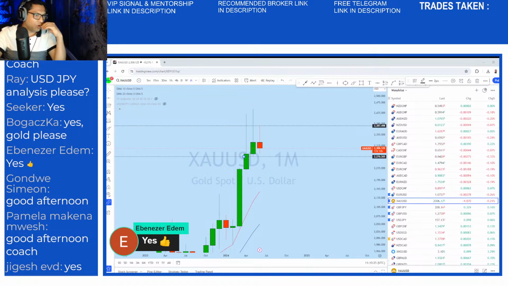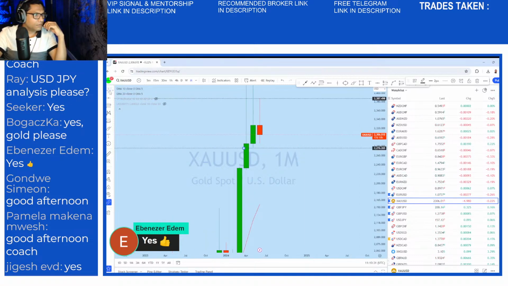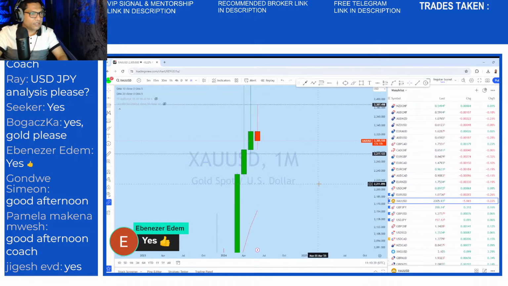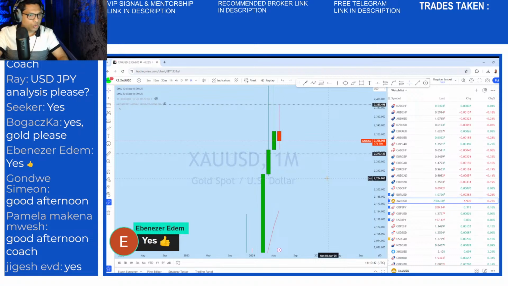The monthly support on gold is at 2276, so this is the monthly support on gold, which is 2277, that I would say. Do you think that gold will break this 2277, or it's going to go back to the resistance again? What's your opinion? Let me ask you that question.